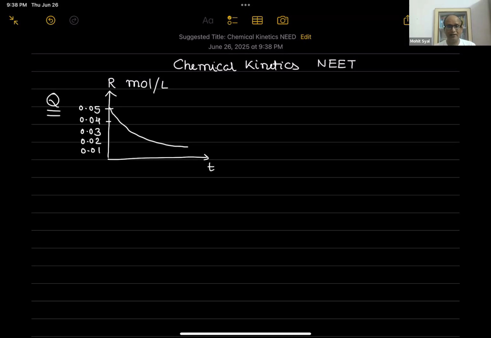So it is decreasing, right? It is decreasing because it is a reactant. It is decreasing as the time is increasing, right? The time is taken in minutes, and you have 0.03 concentration mole per liter at 5 minutes. In between you have 0.015.